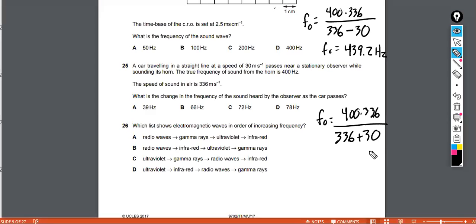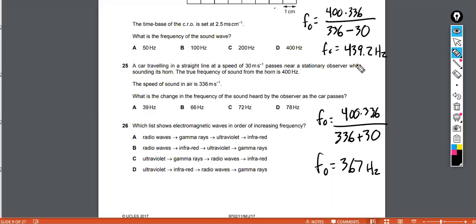So now I've got 400 times 336 to give me that big number again, 134,400, divided by this time 366. And that solves for an observed frequency of 367 hertz. And so that's a lower pitch than the 400 hertz that the horn actually makes.